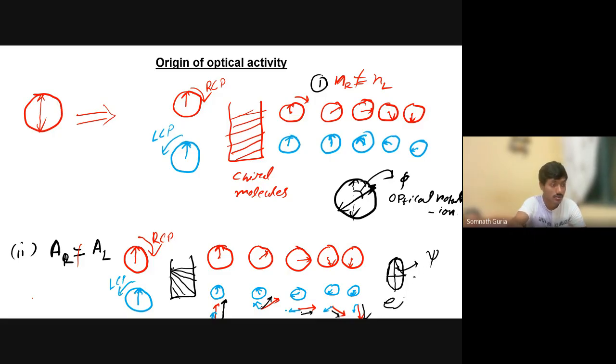This is the ellipse, and the psi angle is found in the ellipse. This is elliptical motion. This phenomenon is called circular dichroism, or CD.